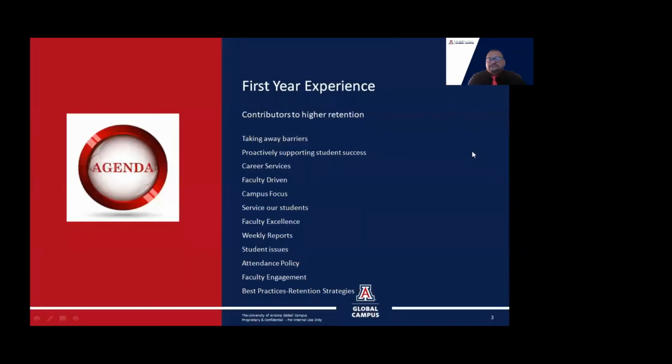So, the agenda. First, we're going to talk about first year experience and some contributors to higher retention. We'll discuss taking away barriers. We'll also discuss proactively supporting student success, the importance of career services, faculty-driven, campus focus.